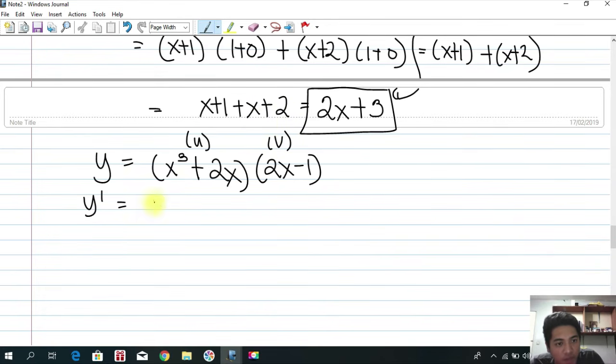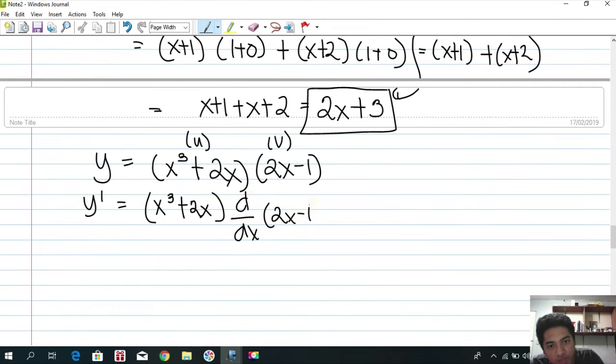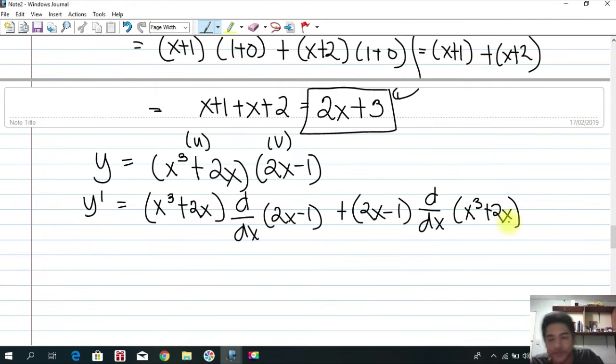So simply copy the u first, or the first term, x cubed plus 2x, times d over dx of 2x minus 1, that is the derivative of the second, plus copy the second, which is 2x minus 1. Then we're going to get the derivative of u, or the first, x cubed plus 2x.